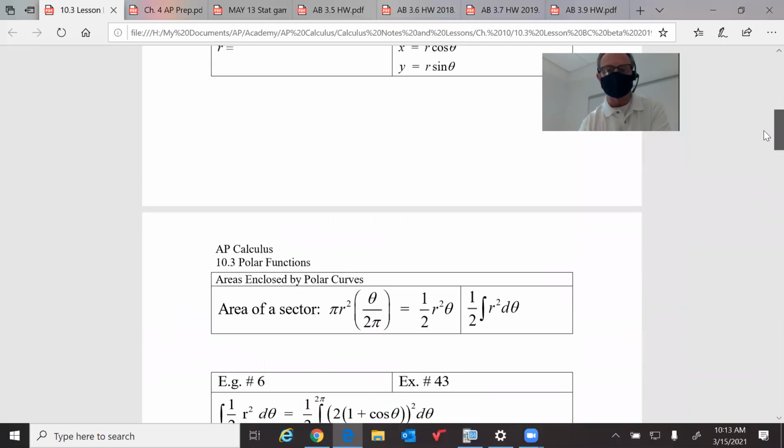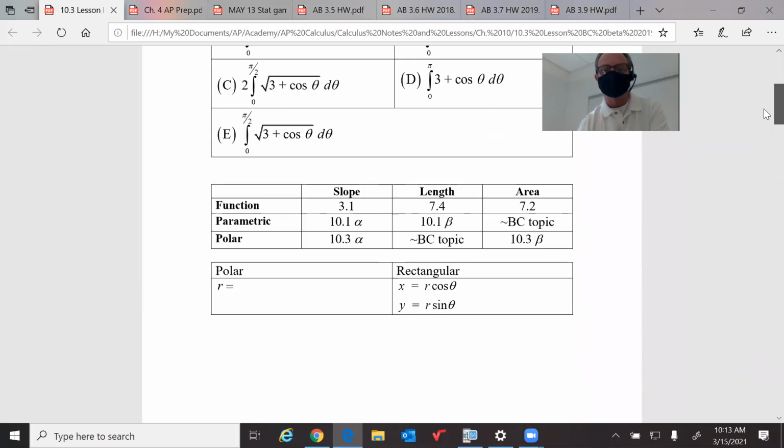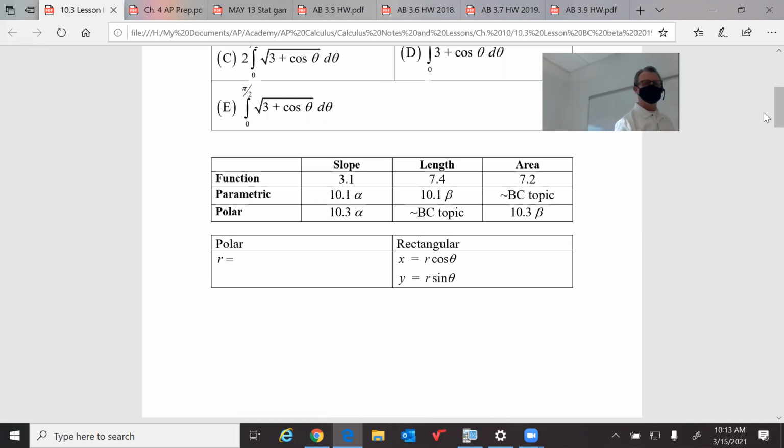And back to the top, to remind you, here is the summary of what you're accountable for and what you're not accountable for. Slope, all those modes you're accountable for the slope.